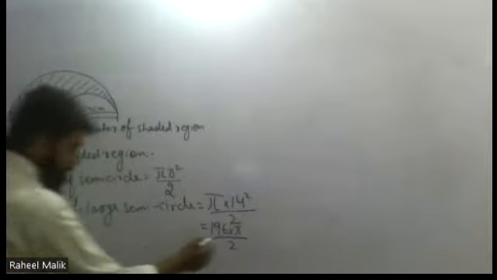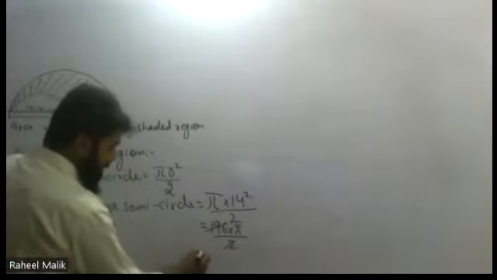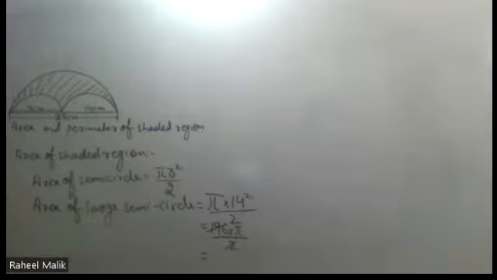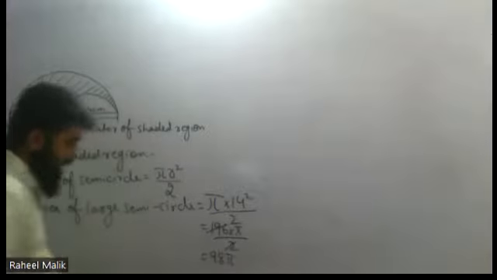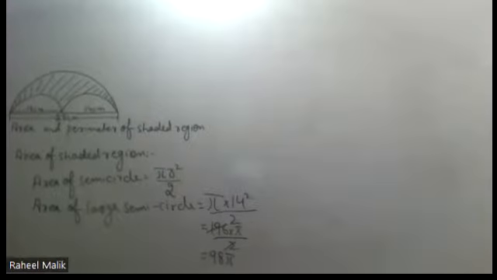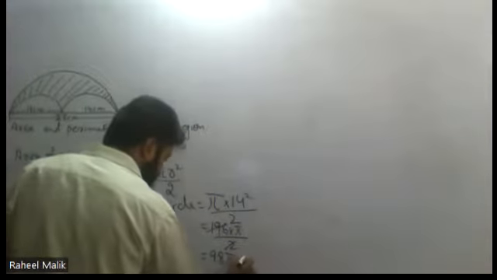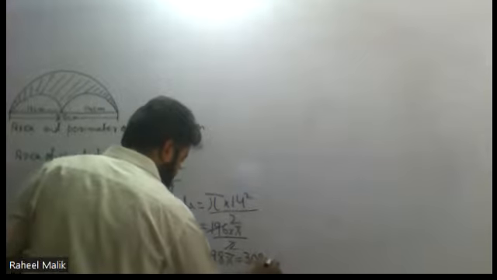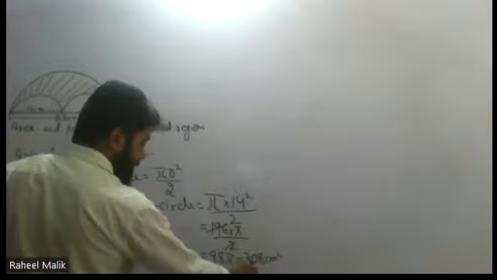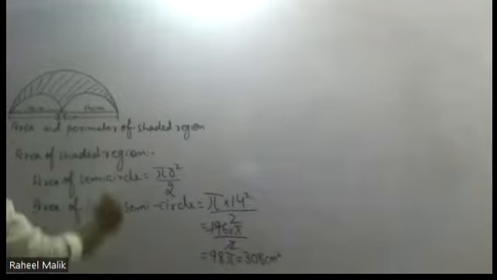So now simplifying it, this will become 98 pi, and in the final simplification of 98 pi, I am going to get 308 centimeter square. This is the rounded off value of 98 pi. Okay, I have got the area of the larger one.